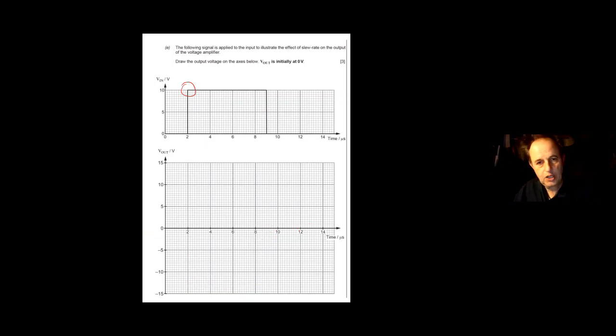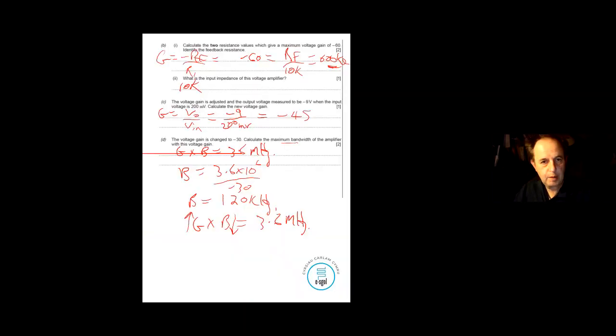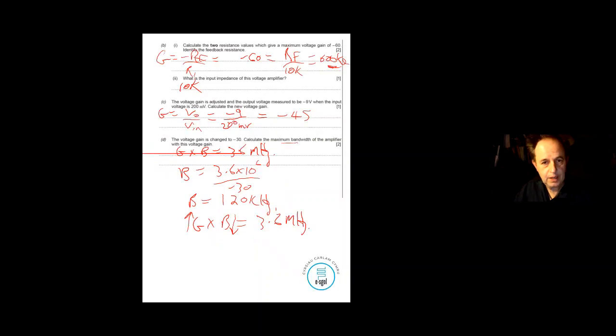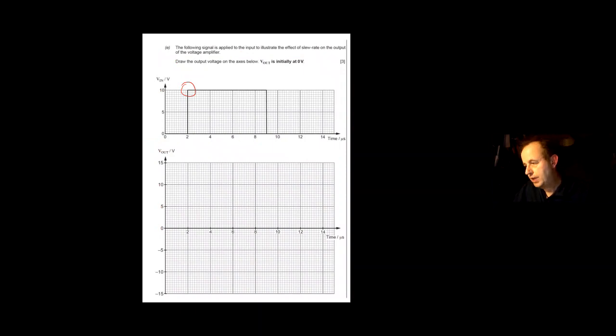So in this particular question, if I flick back, the slew rate was 4.8 volts every microsecond. So you can only change 4.8 volts in every microsecond, right? In your data sheet, your slew rate is the change in voltage divided by the time it takes to do it.